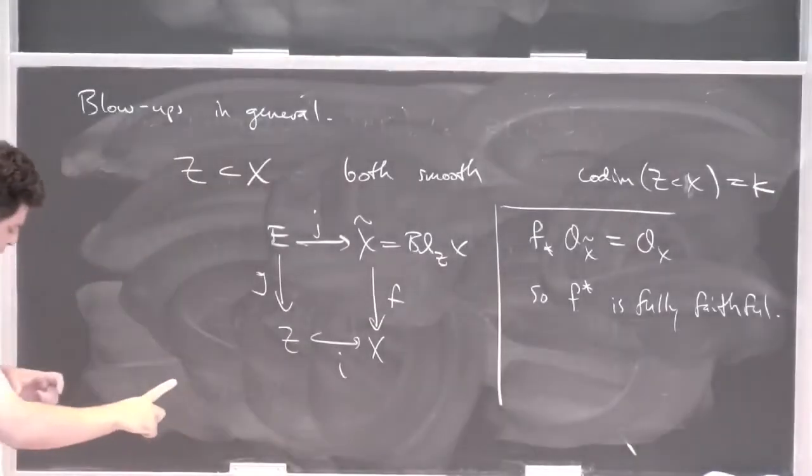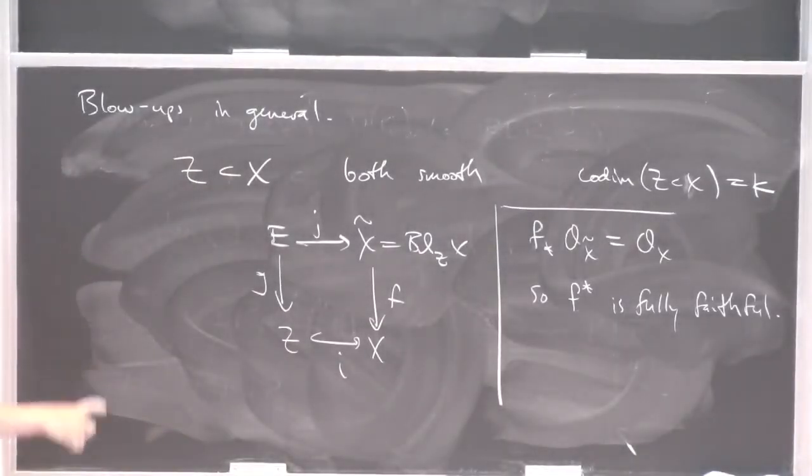But we saw before, when we were blowing up P2 at a point, we had a bunch of things that came from the base. We just had a copy of the exceptional collection from the base pulled up.